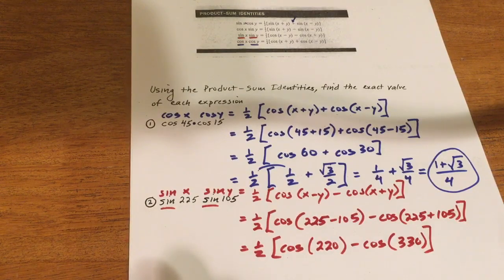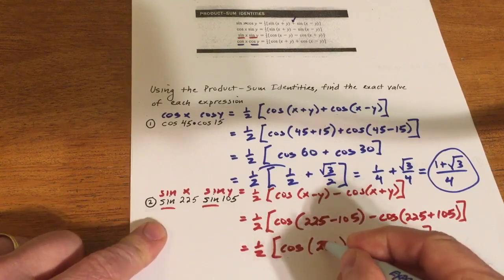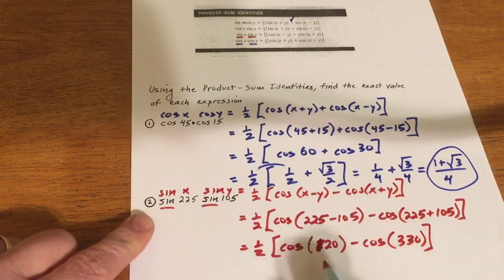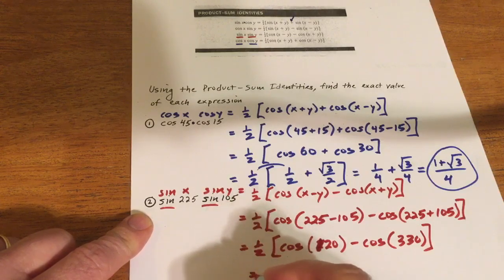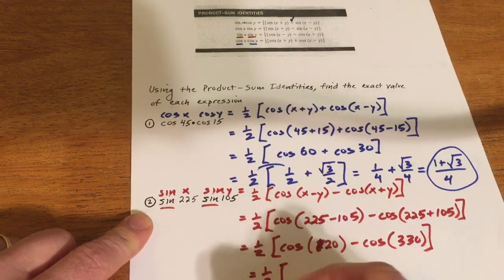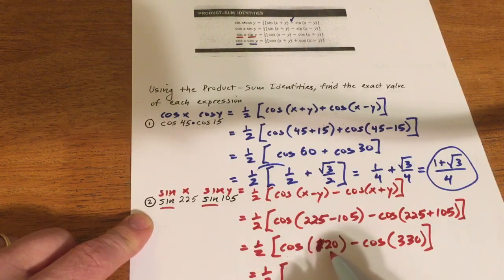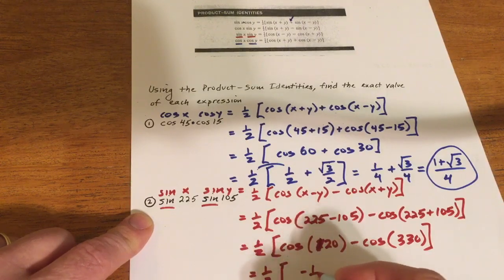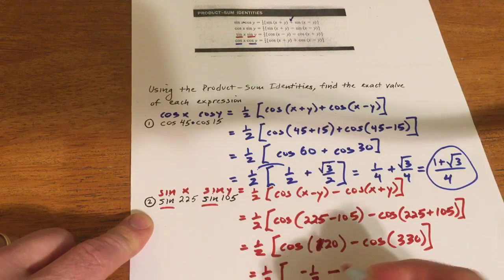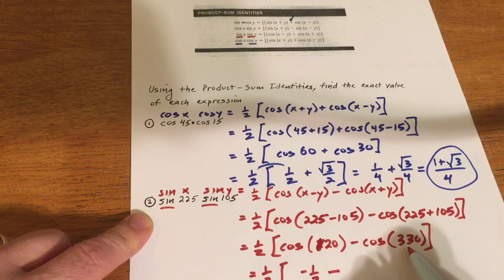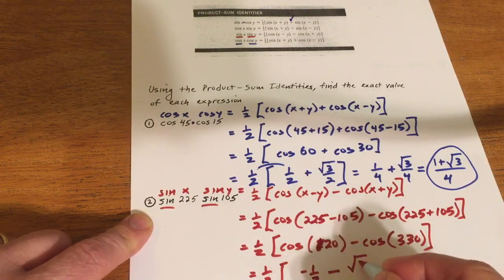Now, as I'm taking a close look at this value, when I subtracted, this should be 120. Sorry about that. Now, when we plug in our cosine 120 value, that's going to be -1/2 minus cosine of 330, which is square root of 3 over 2.